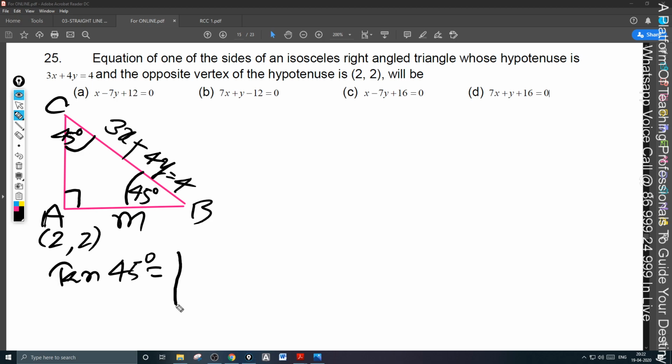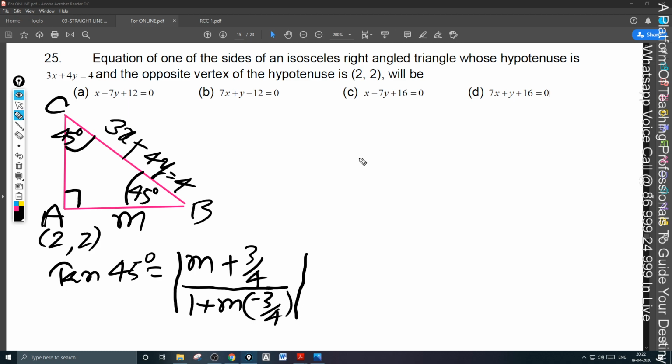Put modulus because you will get two sides here. Let us simplify this now to get the value of m. After getting the value of m, you can write the equation.